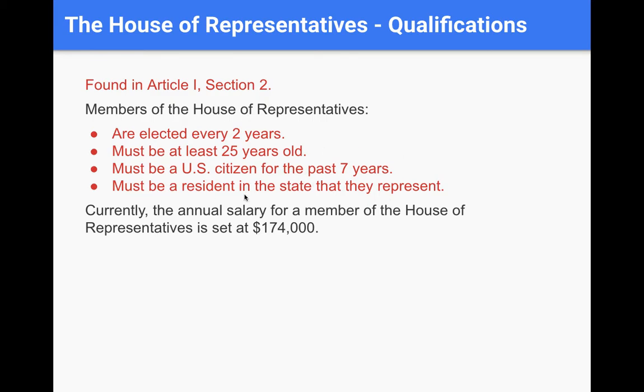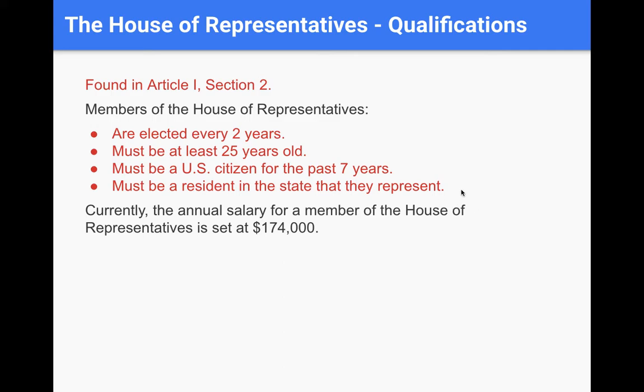So you have what's called a double negative there. We don't use those anymore because they get really, really confusing. Essentially, those two negatives, just like in math, cancel each other out and become a positive. So you have to be a resident of the state you represent. Okay? So if you're highlighting that in your Constitution, it might be a good idea to make a little note of that so you can have it moving forward.